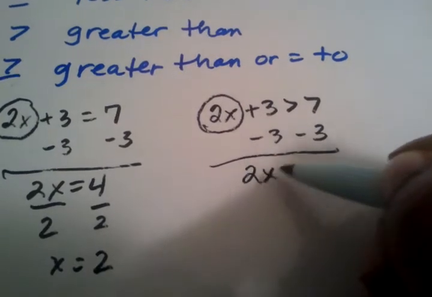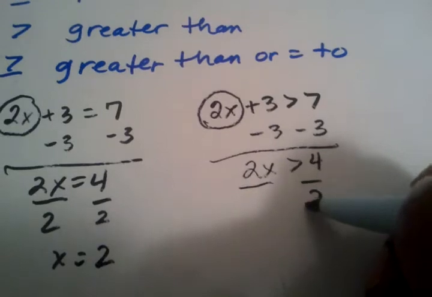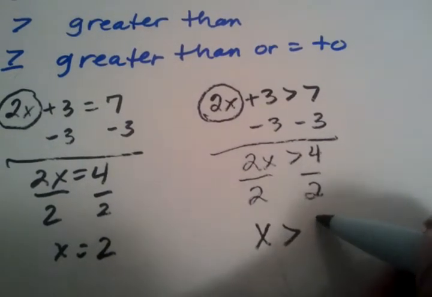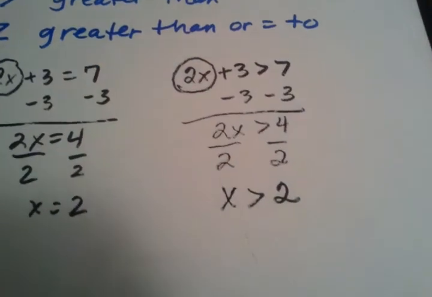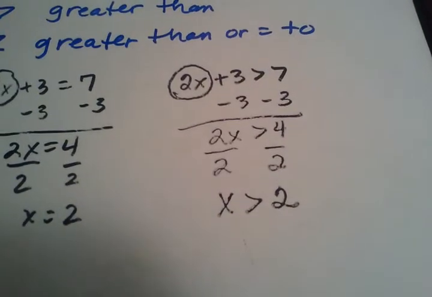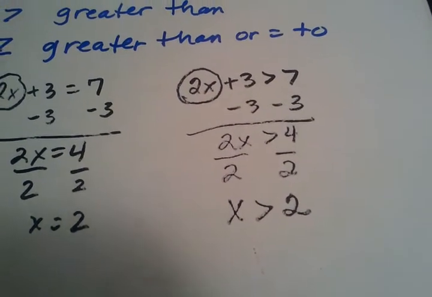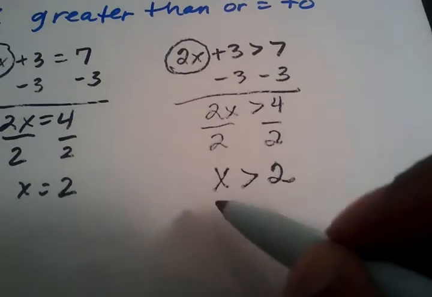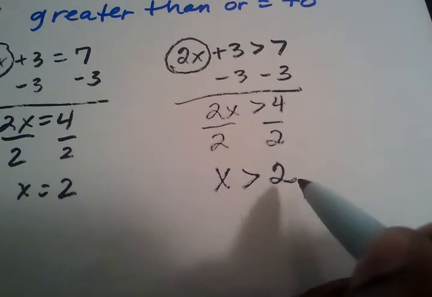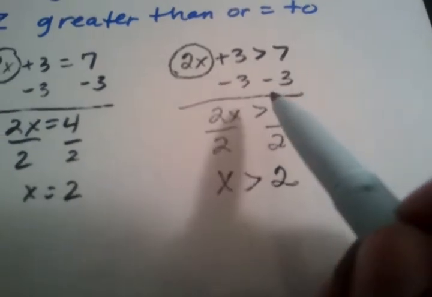You get 2x is greater than 4. You divide by 2, and your answer is x is greater than 2. The only difference is now you have to graph your solution because there are an infinite amount of solutions that will work. Any value of x that is greater than 2 will make this inequality true.